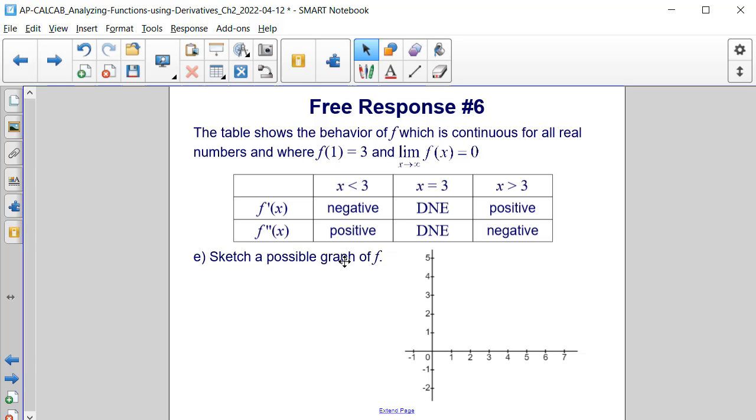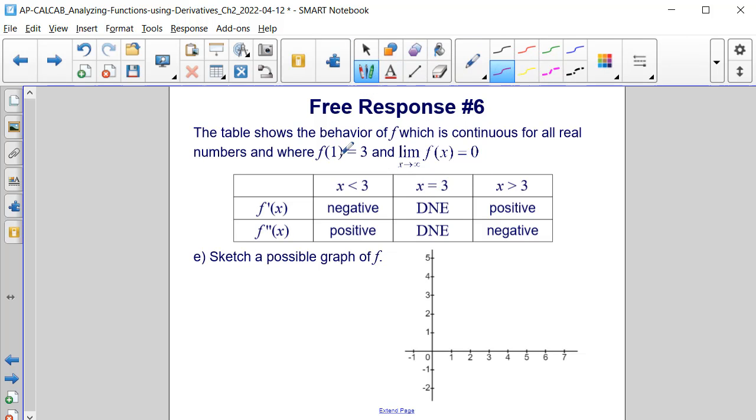Now let's sketch a possible graph of our function f with the information that we're provided. We first know that f of 1 is equal to 3, so let's plot that point (1, 3). Next, let's look at our first and second derivative for x values less than 3.